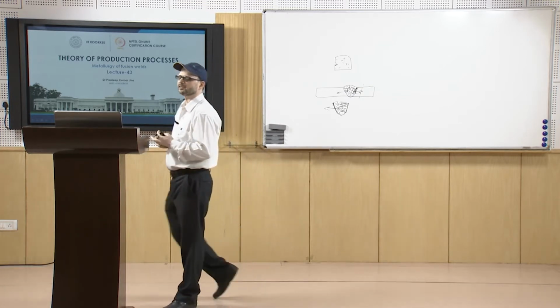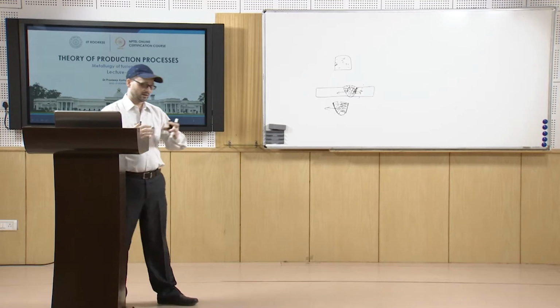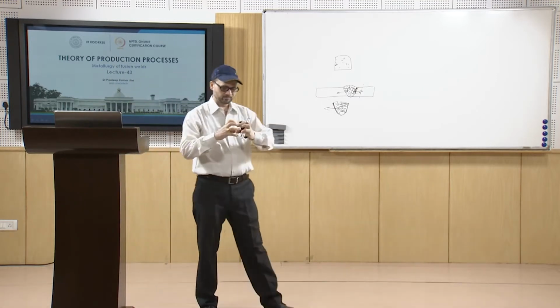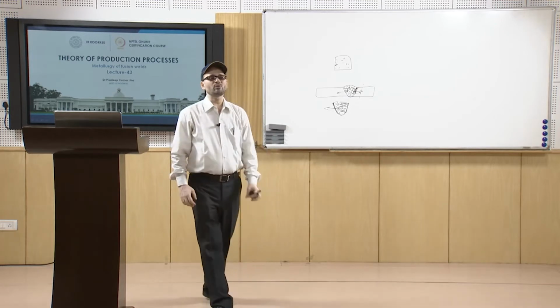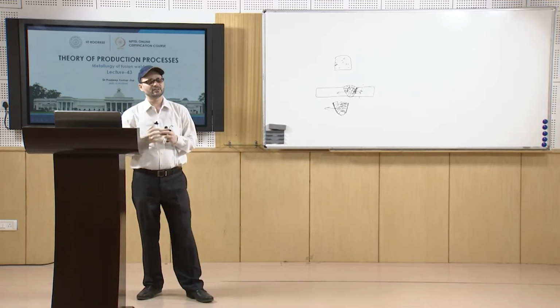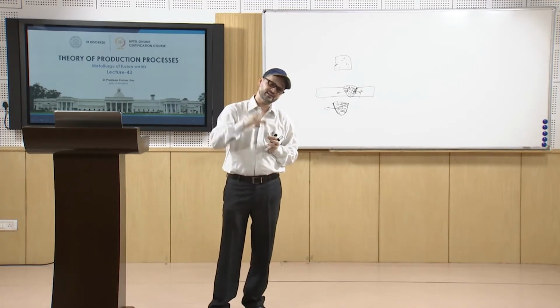Now, we discussed there are two aspects. One is that you have the predominant direction of heat flow, so growth will be in the opposite direction. Another is the preferred direction of growth of the grains, so they try to grow in a certain direction.